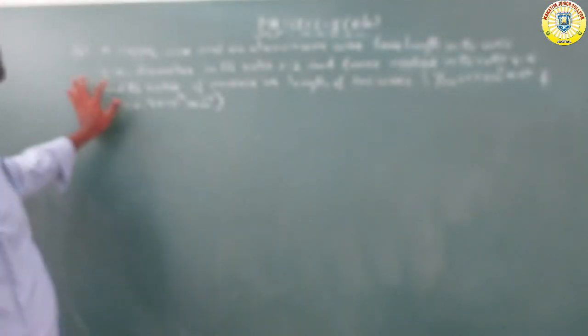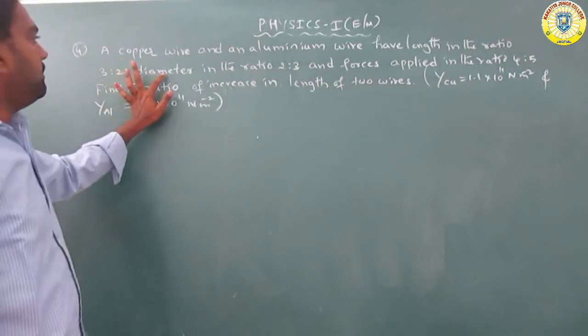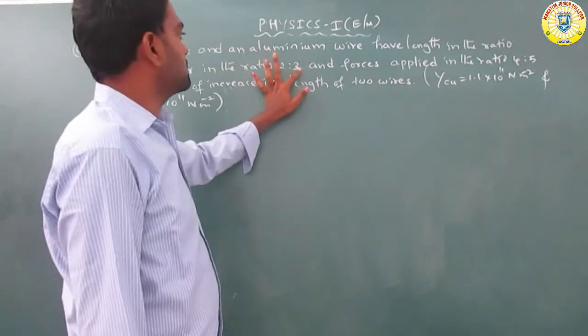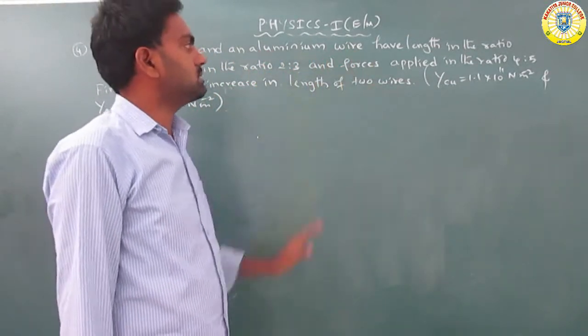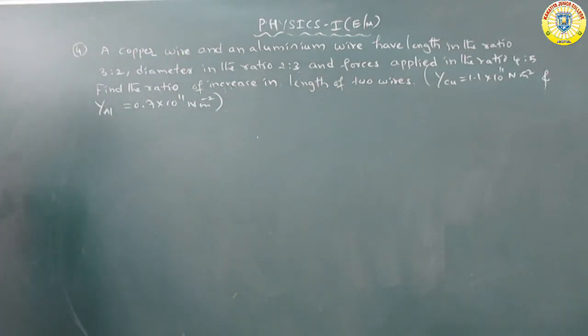So the copper and aluminium wires have lengths in the ratio 3:2, diameters in the ratio 2:3, and forces applied in the ratio 4:5.